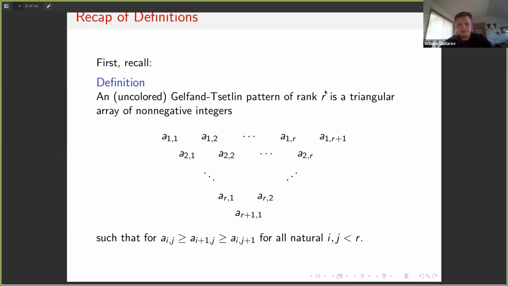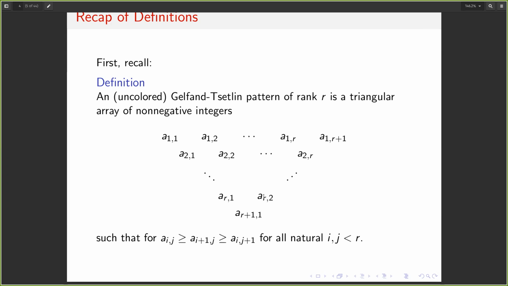First, recall a Gelfand-Tsetlin pattern of rank r is a triangular array of non-negative integers that looks like this. The entries in this triangular array interleave. So this entry is between this one and this one.